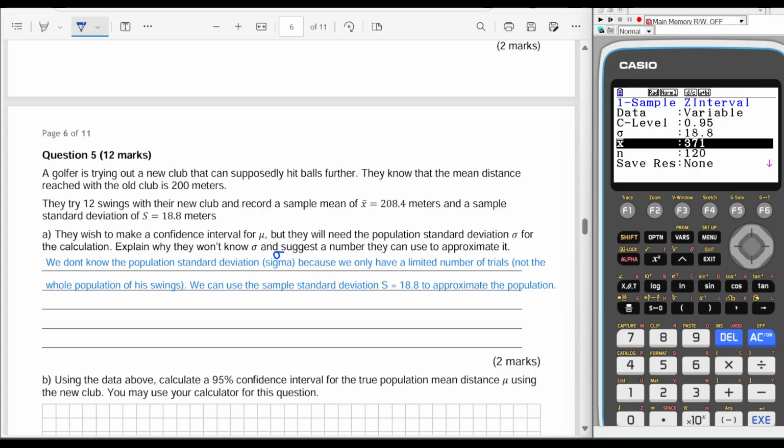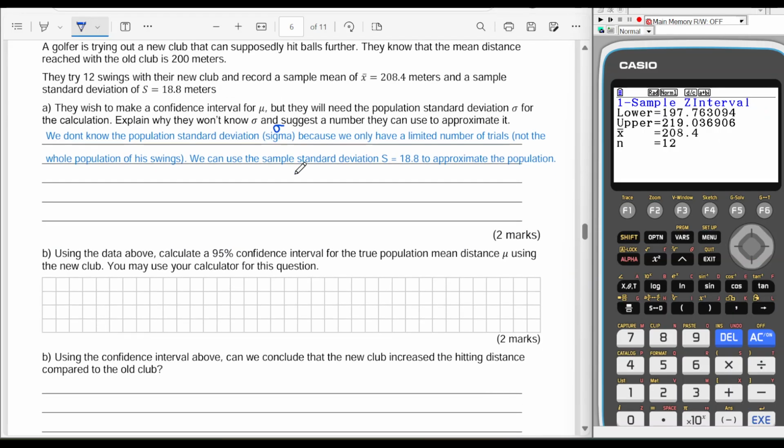X bar, let's see, 208.4, the question says. And n was how many swings you did, so the 12 swings. That should be everything we need. So there it is, 197 or 198, and it goes up to 219.